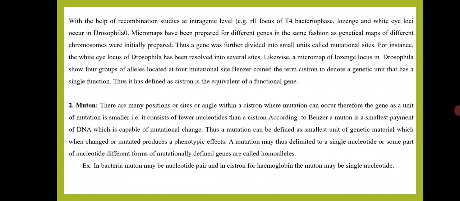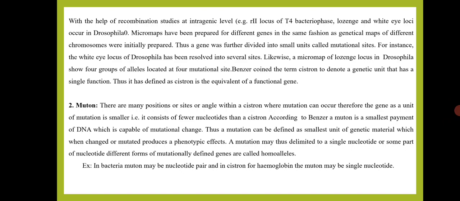With the help of recombination at the intragenic level, the gene has been further divided into small units called mutational sites. The white eye locus of Drosophila has been resolved into several sites. Likewise, the micromap of the locus in Drosophila has been given, that is a genetic unit that has a single function. This has been defined as the cistron, the equivalent of the functional gene.